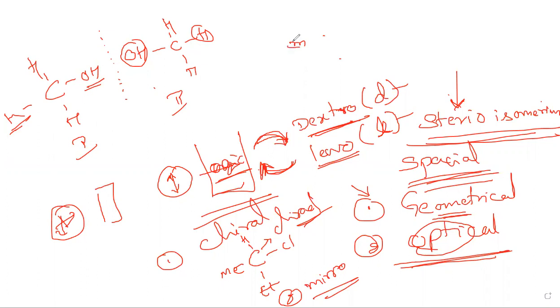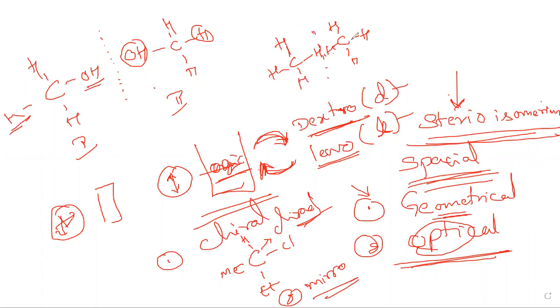If you take an example of the methane compound, that is the mirror image, right? So carbon with hydrogen, hydrogen, hydrogen, and hydrogen, and its mirror image also has hydrogen, hydrogen, hydrogen.